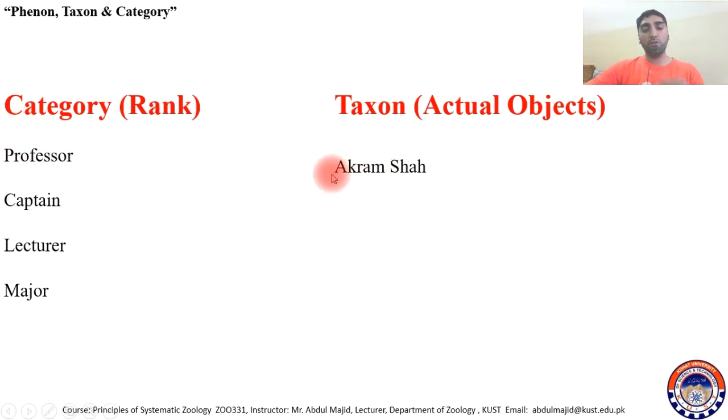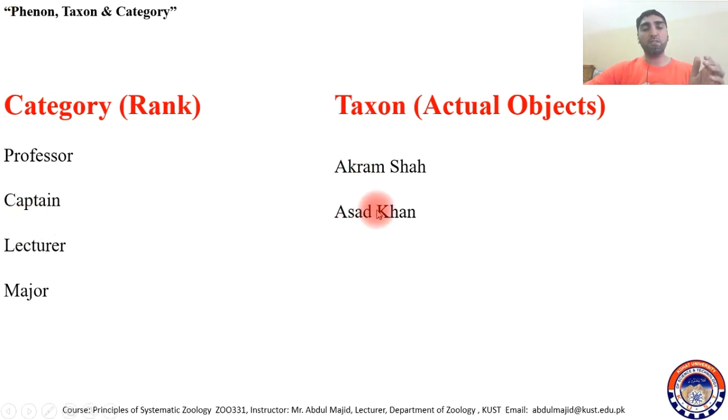Again, if I tell you that my friend Asad Khan is a captain in the army, it is clear: you know the name of the person, the taxon, and you also know the designation, the rank, of that person.